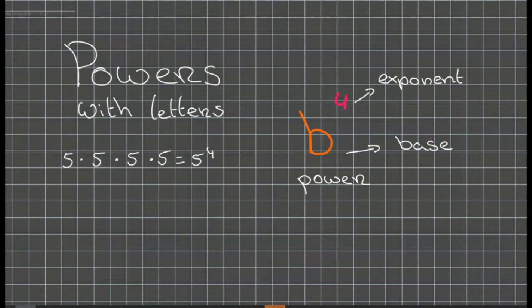So what do I actually have to do to get b to the power 4? I have to do b times b times b times b, which is b to the power 4. Well, this is still pretty doable, right?